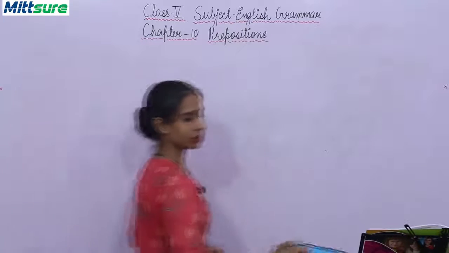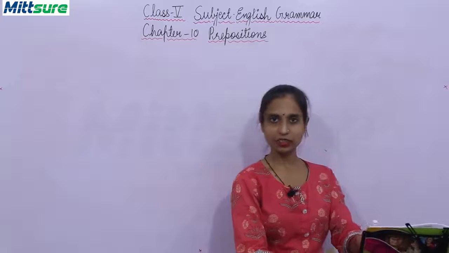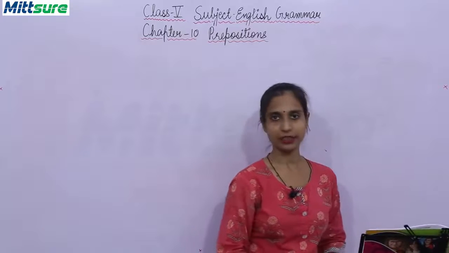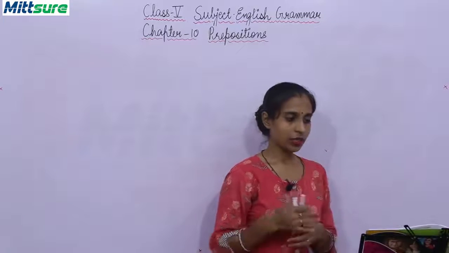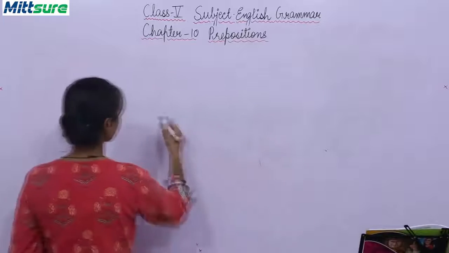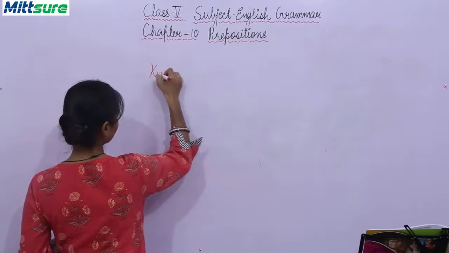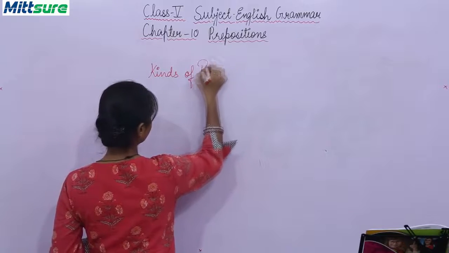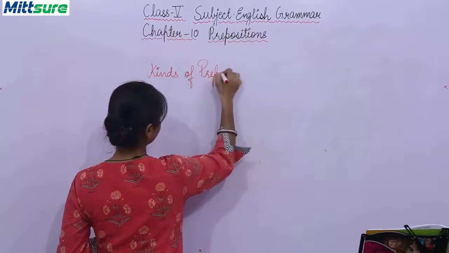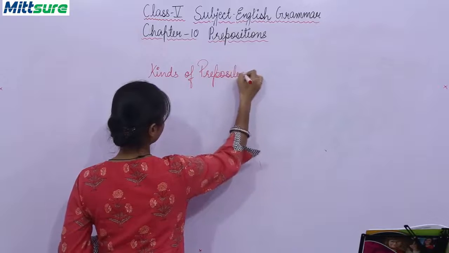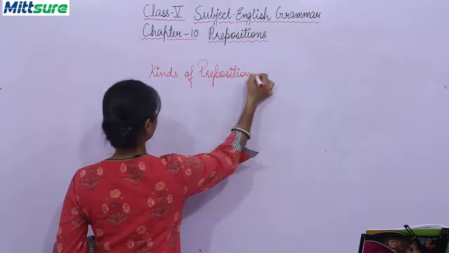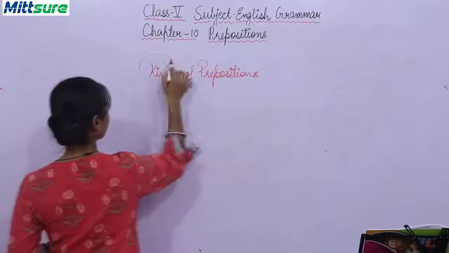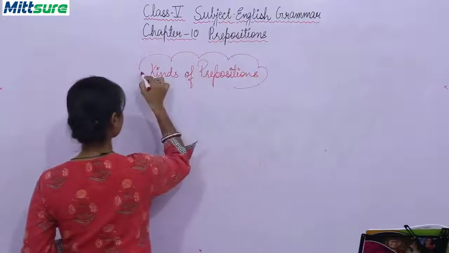So, just pay attention and you will definitely understand it. So, kinds of prepositions. There are mainly, children, three kinds of prepositions.